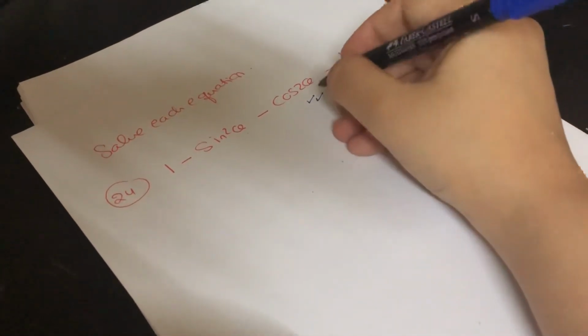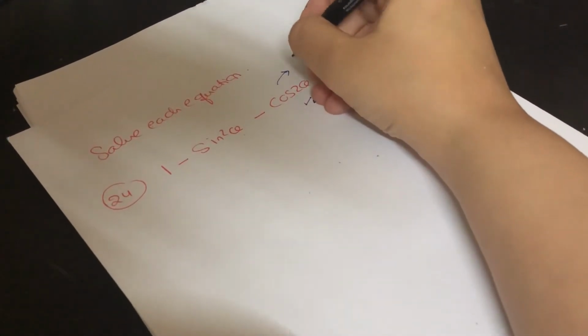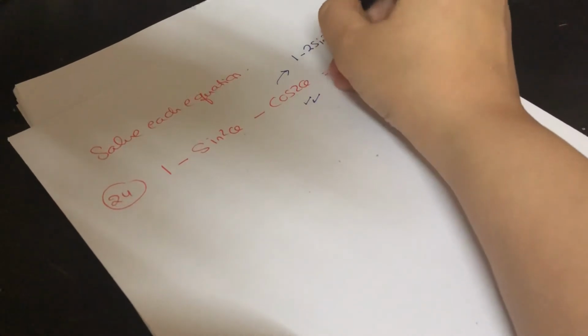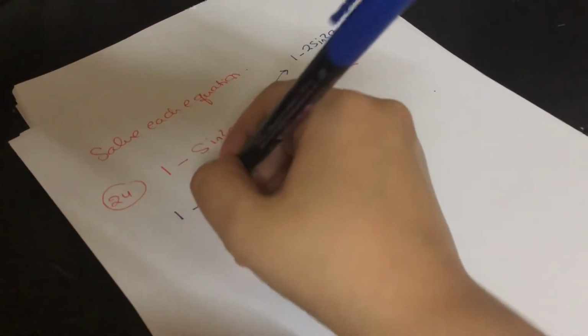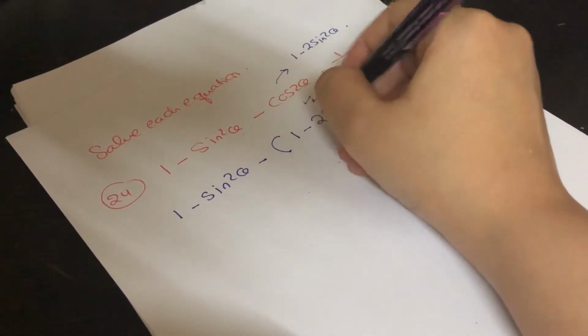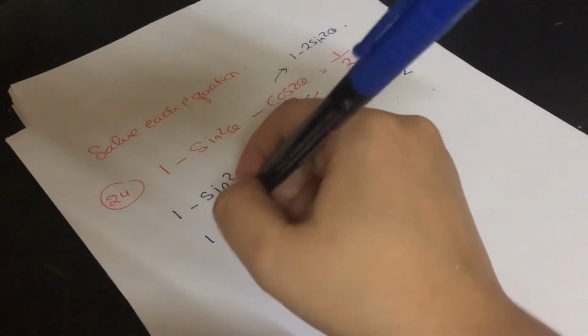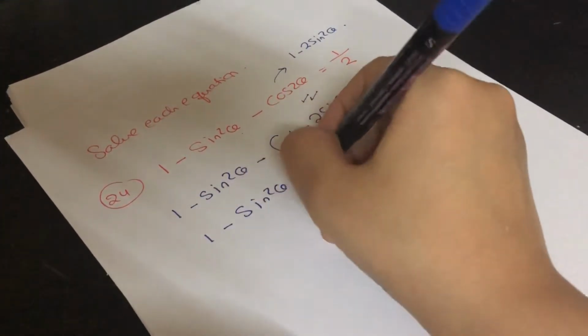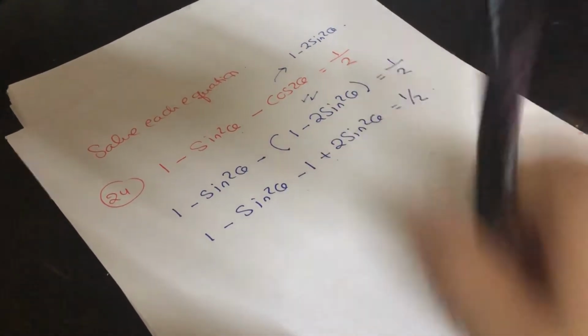So I can change this to the one that has sine, 1 minus 2 sine squared theta, so I can have them all in sines. So 1 minus sine squared theta minus, open bracket, 1 minus 2 sine squared theta, equals half. 1 minus sine squared theta minus 1 plus 2 sine squared theta equals half.